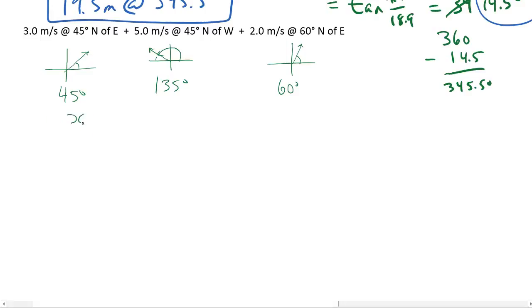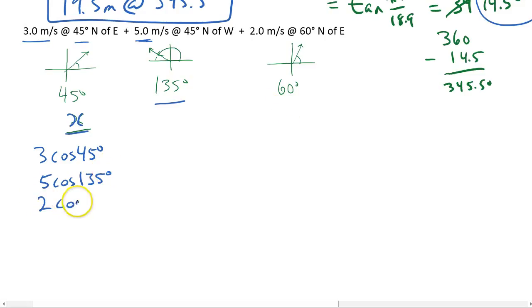Now let's add together all the X components. Let's do all our X components. So it's going to be, looking at the first one, 3 multiplied by the cos of 45 degrees, plus for our second one, 5 multiplied by the cos of 135 degrees, and for the third one it'll be 2 multiplied by the cos of 60 degrees.